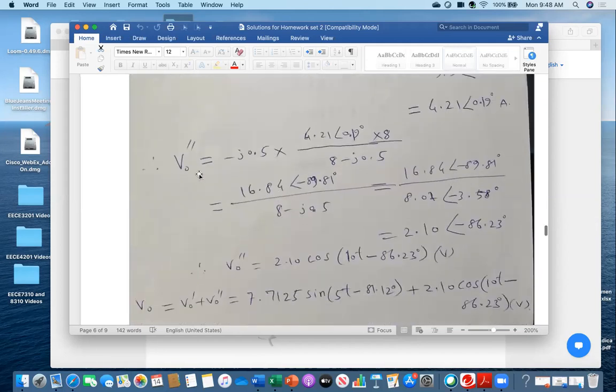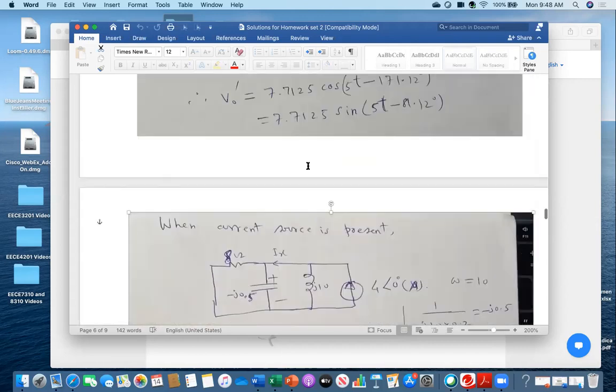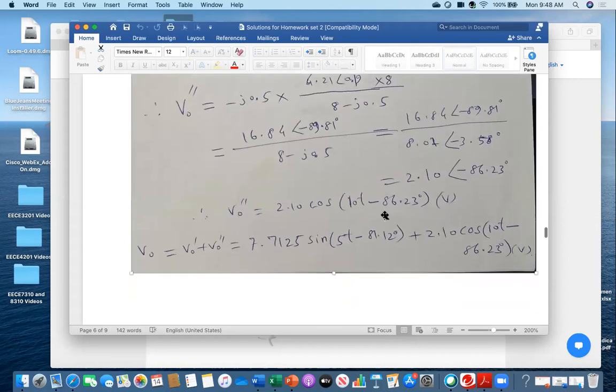So finally I got V naught double prime is this one. And then I converted into cosine, V naught double prime. So previously I got V naught prime, and now I got V naught double prime. I am applying superposition. Just I will sum up those two. So just that plus this. That is your answer.